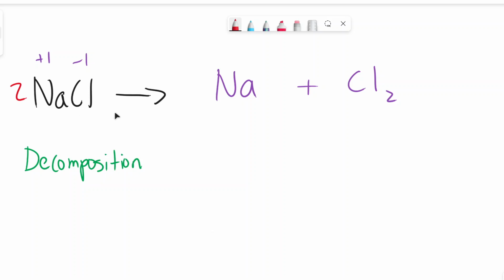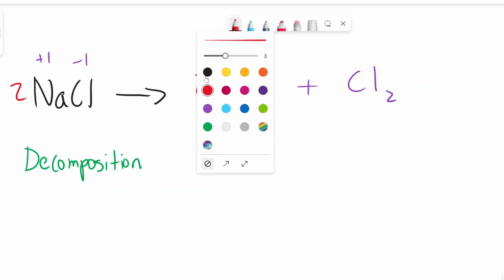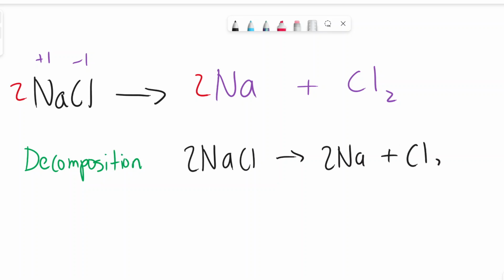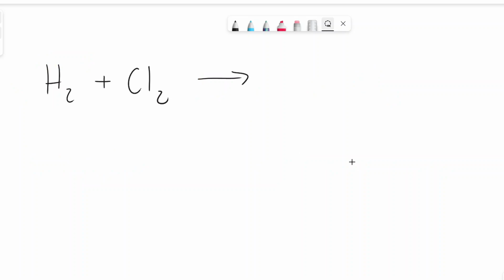So now it's Na2Cl2. We have the Cl2, but we don't have Na2, so we're going to put another 2 right here to fully balance it out. Now this is our new equation. It's a decomposition reaction, and therefore 2NaCl yields 2Na plus Cl2.